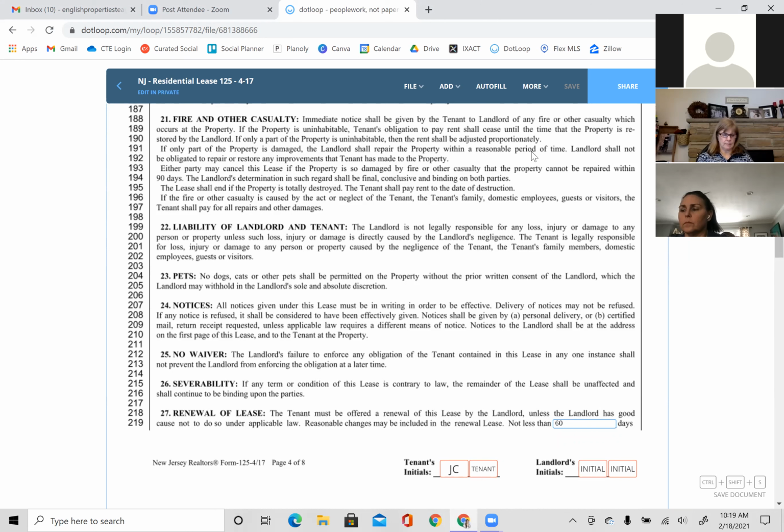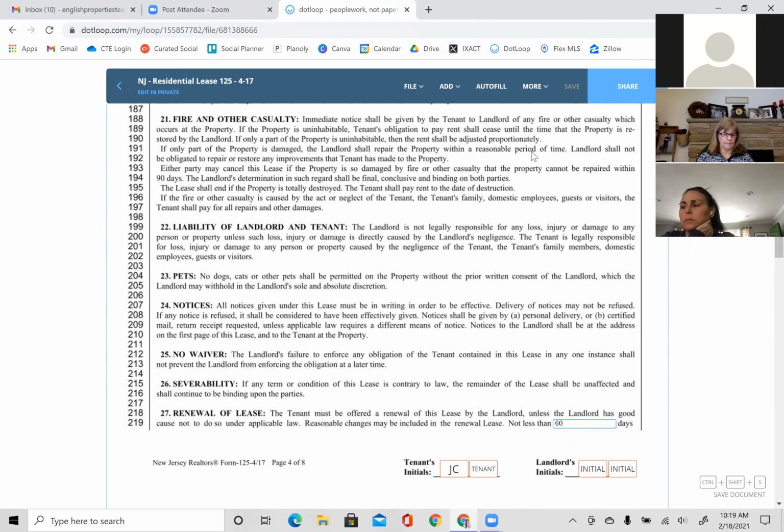But if, say, they have a small kitchen fire and one of the cabinets ended up catching on fire and getting damaged, but that's it, right? Nothing like the entire house burned down. It's the tenant's responsibility to notify the landlord of the situation.